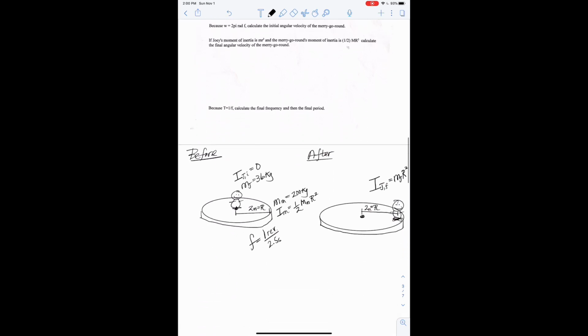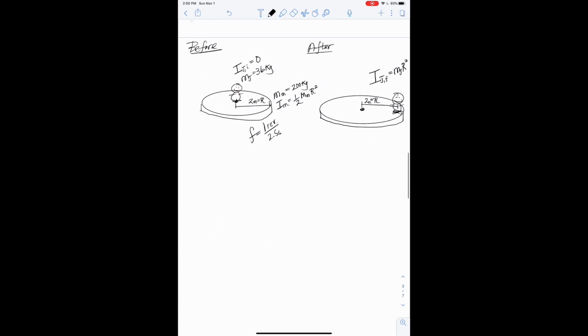So let's go ahead and use that down here. So 2 pi radians, and this is the initial frequency. Final frequency is probably going to be different because its angular velocity is going to be different, as we're going to see. So we'll multiply this by the initial frequency.